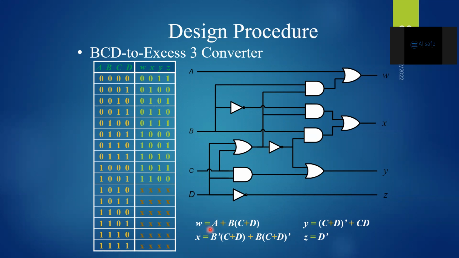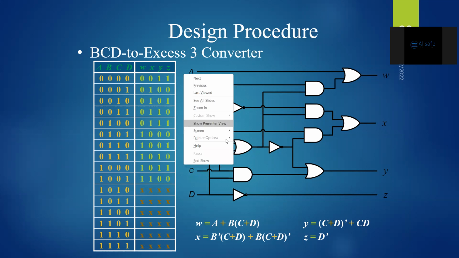For example, for W, it is A, and then B, when it is NANDed with the ORing of C plus D. This is B here, and this is C here. You will OR C with this D.